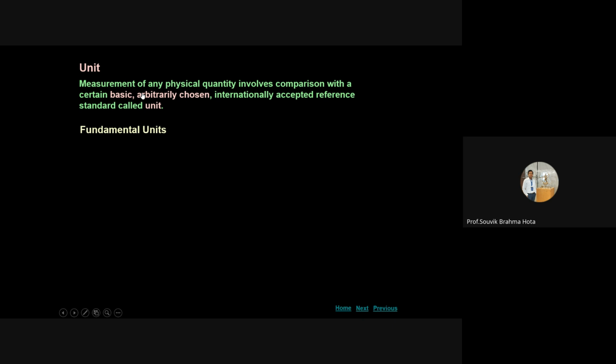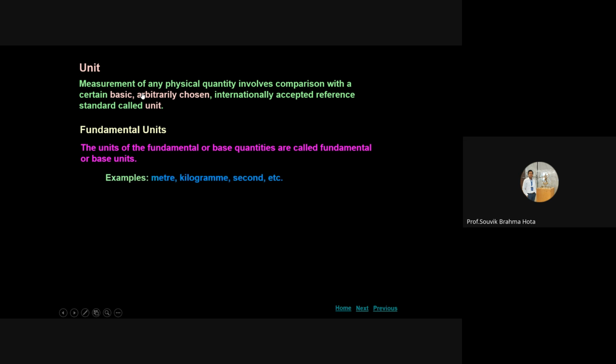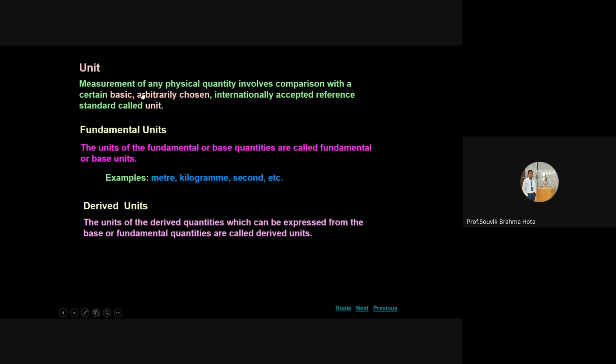Here also the fundamental units, the units of the fundamental or base quantities, that is fundamental unit or base unit, like meter, kilogram, second: for distance, meter; for mass, kilogram; for time, second. Then derived units, the units of the derived quantities which can be expressed from the base or fundamental quantities.